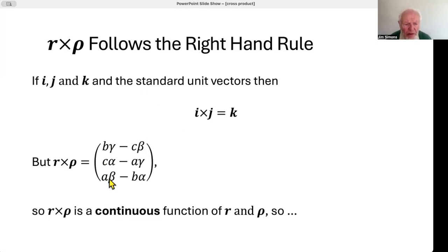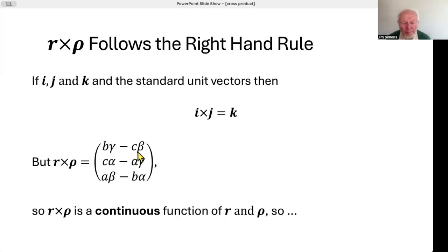So all these are zero, and it's just 0, 0, 1, which is k. So we know one case where the cross product of r and rho is the right-hand rule. But look at this. This is a continuous function of r and rho. So if you just change r and rho a little bit, you're not going to change the cross product much. That's the key.